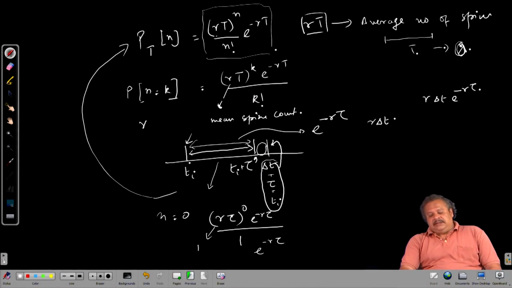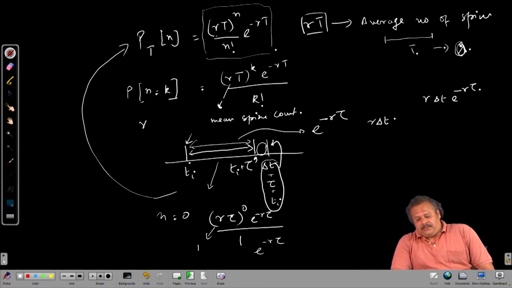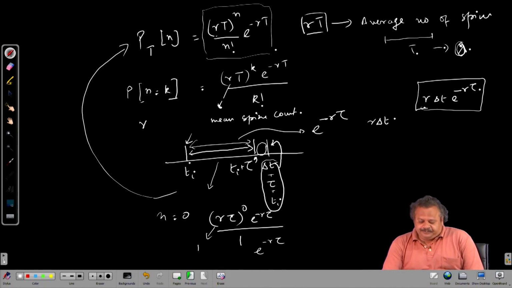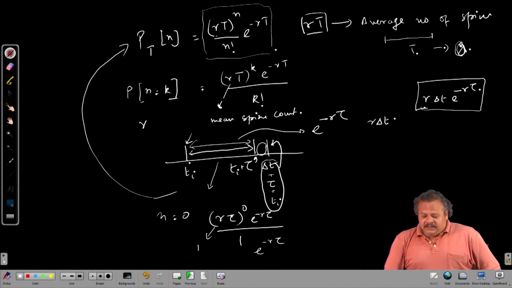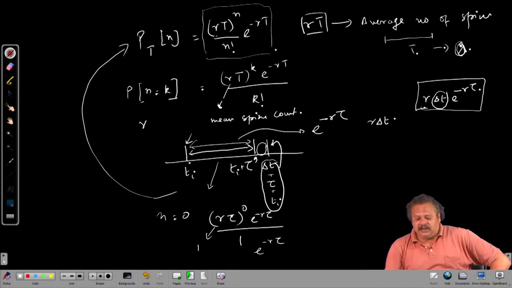Since the interspike interval is a continuous random variable, we will have a PDF. The probability of observing a tau sized interspike interval, or tau to tau plus delta t sized interval, is obtained by multiplying the density by delta t, assuming that delta t is very small and the probability is fixed in that time window.